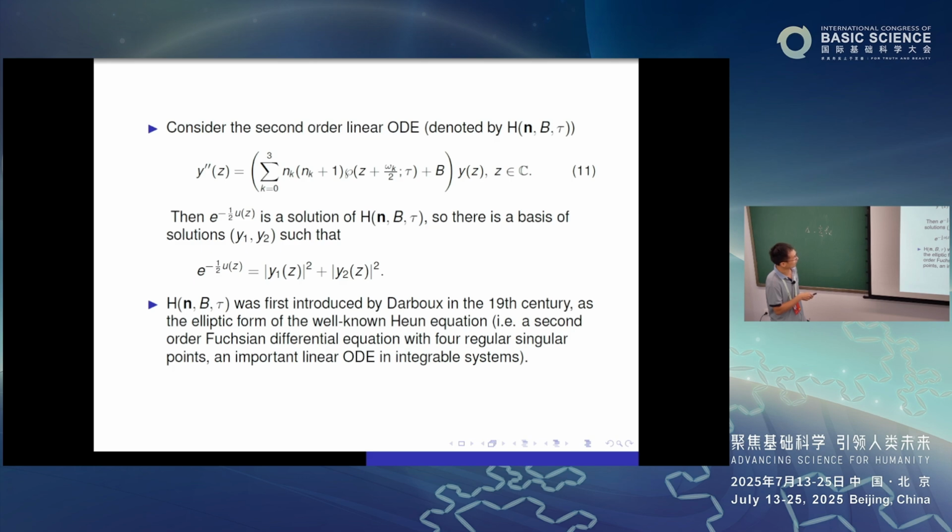This second order linear ODE was also studied more than one century ago, and it is known as the elliptic form of the well-known Heun equation. The Heun equation is a second order differential equation with four regular singular points. It is an important linear ODE in integrable systems, and this equation is the elliptic form of the Heun equation.